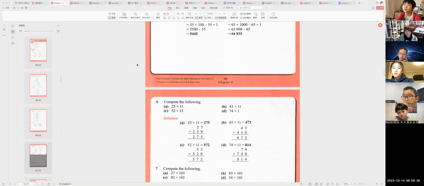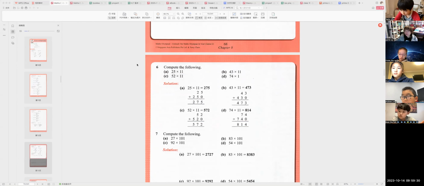for all of you. Okay, so now, Violet, do you still remember we have learned the trick of multiplying anything times 11? Okay, so 25 times 11 equals what? You put 2 here and 5 here, and the middle number is 2 plus 5 equals 7, so 275.